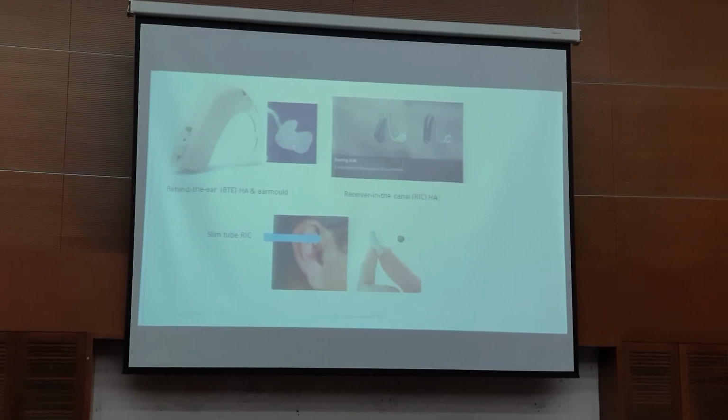Kalau yang profound losses, we do ear mold yang probably full shell punya, kita kata, to make sure we cover the ear so that there will be no feedback. Acoustic feedback ni yang kadang kalau siapa yang dah pernah tengok, dia bunyi, dia pergi dekat je dengan keluar dia bunyi kan. That is the acoustic feedback.